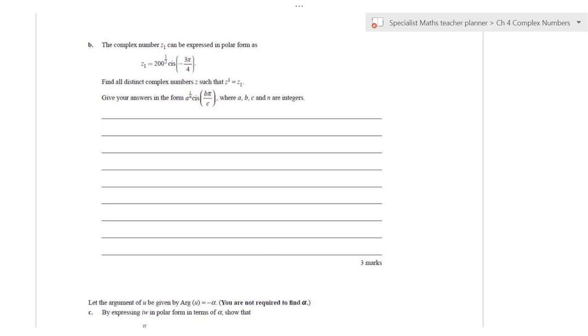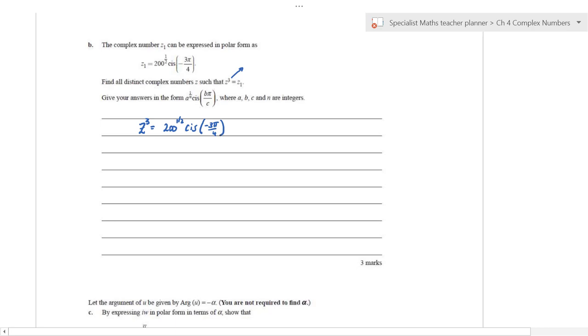Now, the distinct roots of z cubed is equal to z1. So, in other words, z cubed is equal to z1, which is 200 to the power of a half, cis of minus 3 pi on 4.